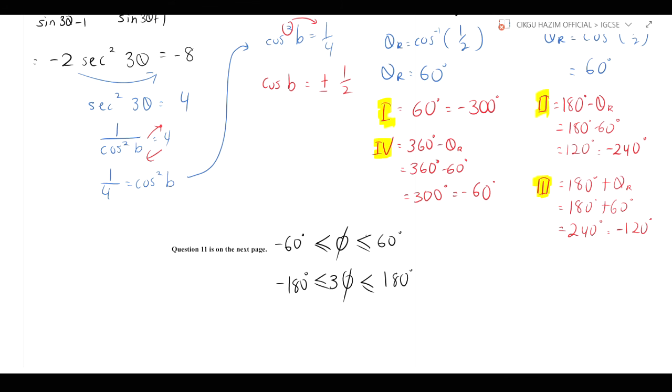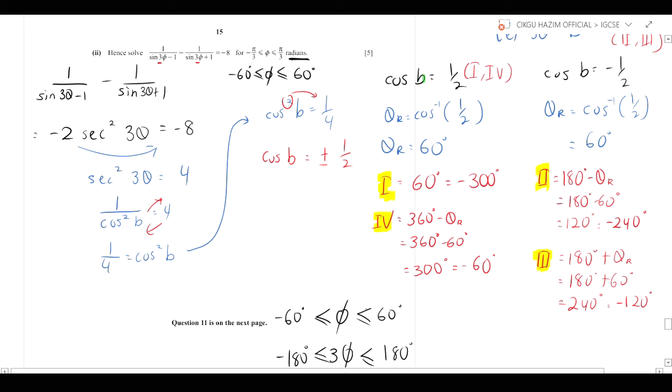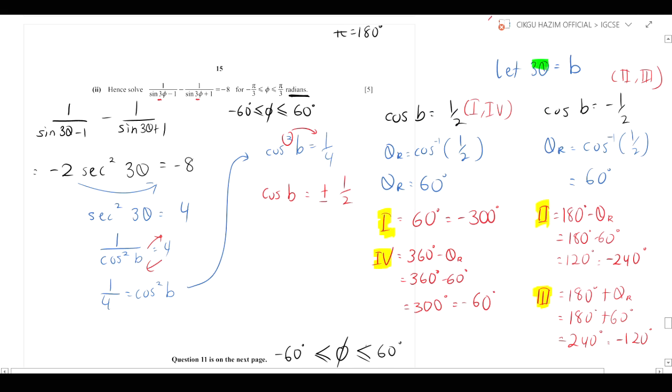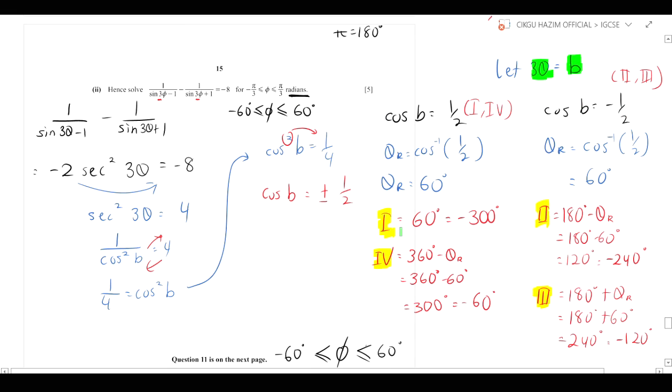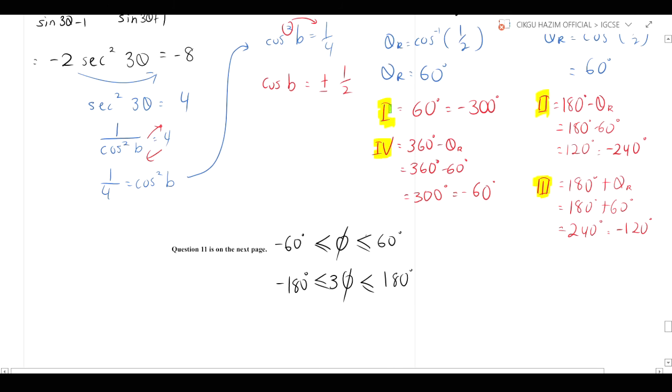So which one of the values here is within this range of 3 phi? Remember, what we get is b, and b here is equal to 3 theta or 3 phi. So everything that we get here is actually 3 theta, not theta yet. So from all of these, quadrant 1, quadrant 2, quadrant 3, quadrant 4, which one is within negative 180 degrees and 180 degrees?